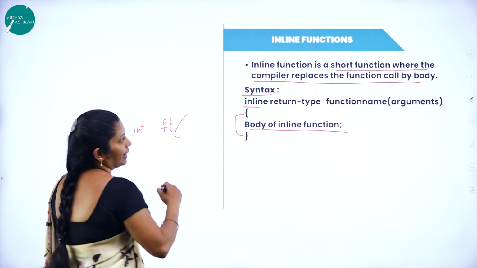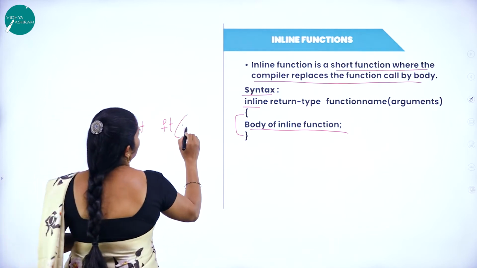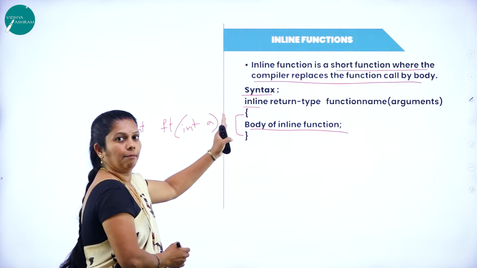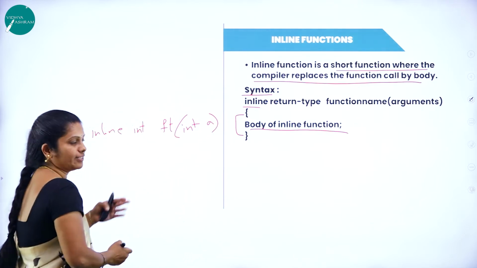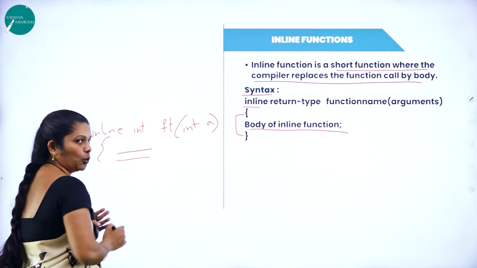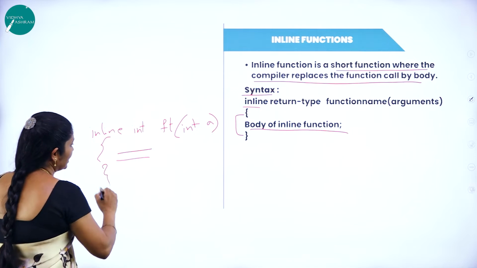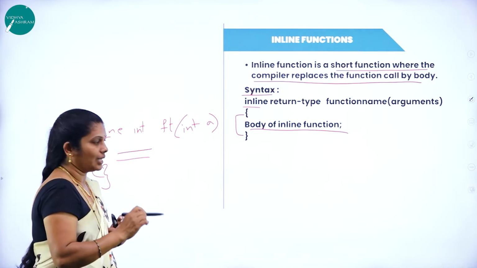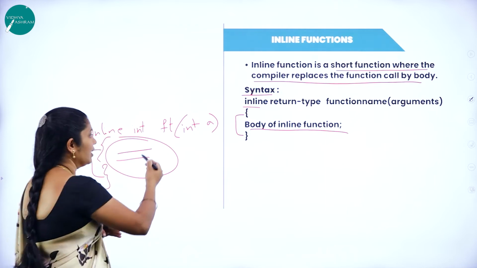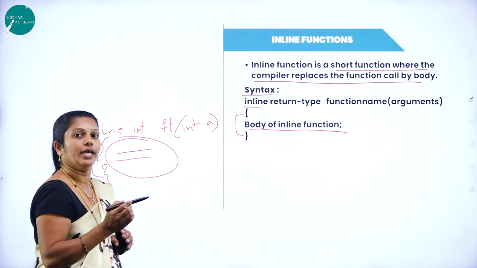Then inside the bracket, mention the argument. For example, int a I am going to take. Here don't put a semicolon, because now we are writing the statements of this function. Then inside the curly bracket, whichever statements you want, you can write. Then close this function. It means that the statements are written inside the class only, and the number of statements is also very few.